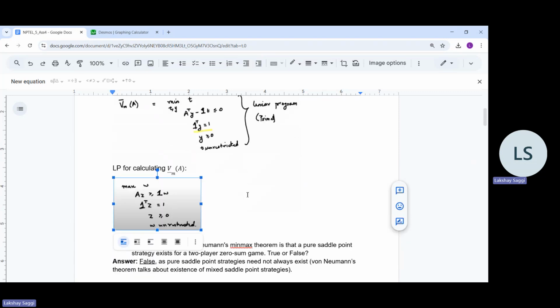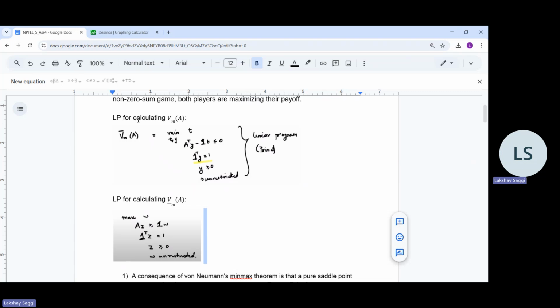The LP for calculating V bar M of A is: you have to minimize over T and Y the value T, and the constraints will be A transpose Y minus the all-ones vector times T is less than or equal to 0.